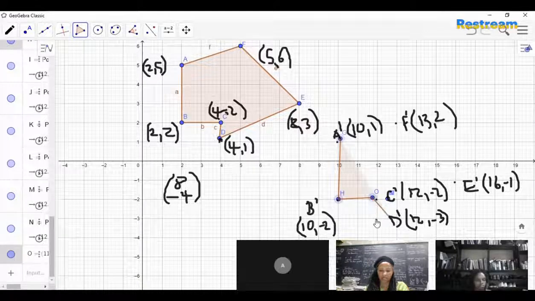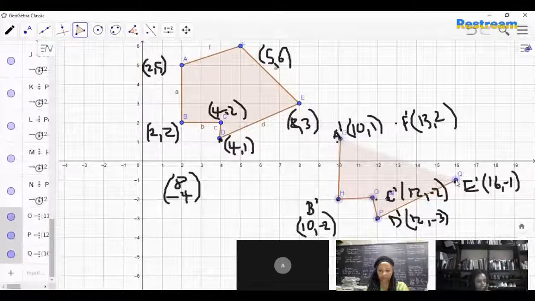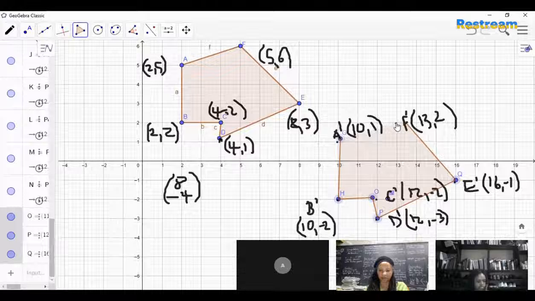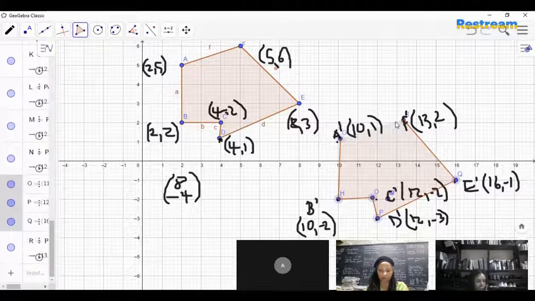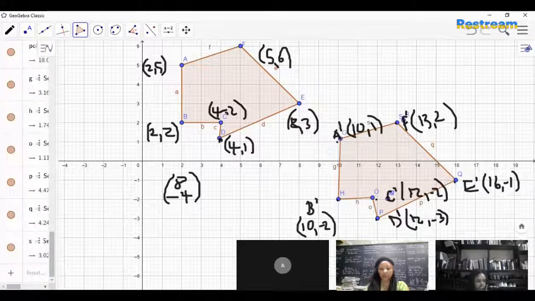See, it doesn't want to plot in the corner. That's why sometimes. And then E is here, and F is there. Back to A.